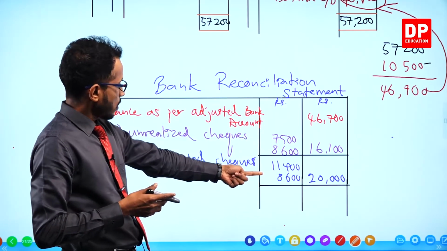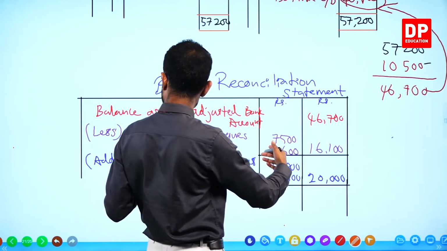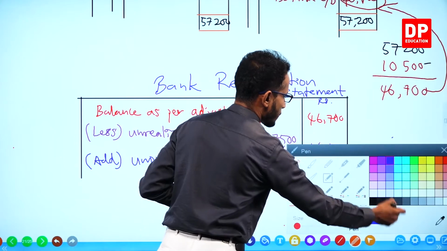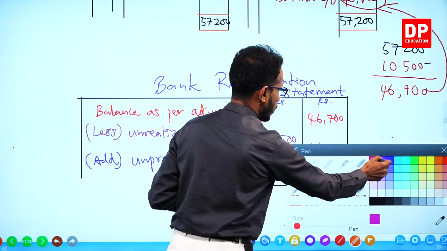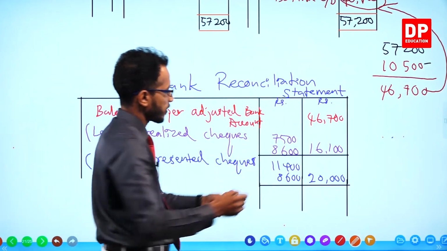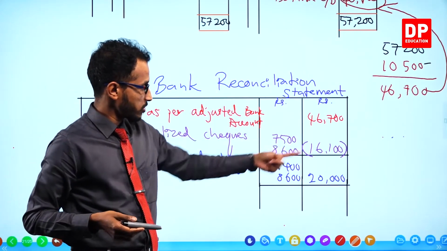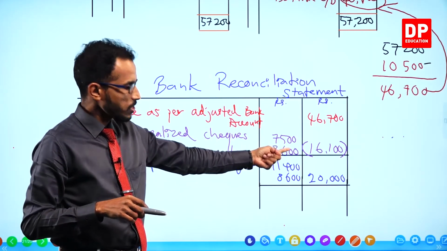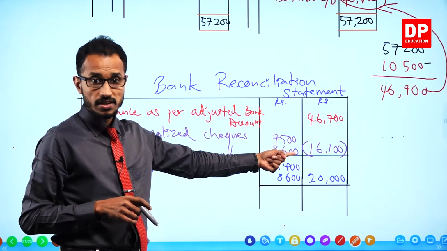After you have taken the totals of unrealized checks and unpresented checks, you do the math. First, subtracting. This one should be subtracted, so the amount should be within brackets. Usually in accounting, subtracted items are shown within brackets.